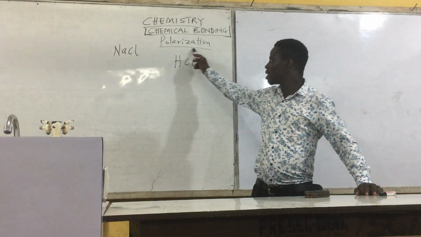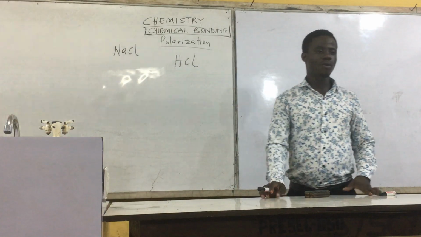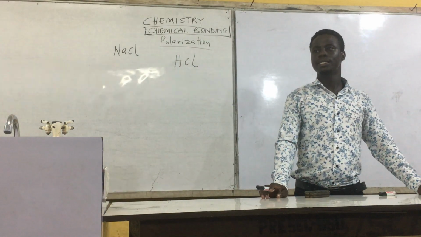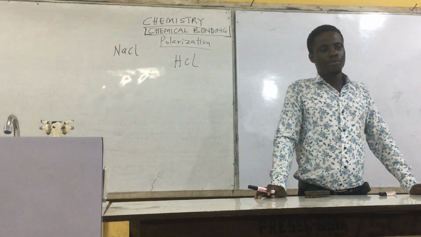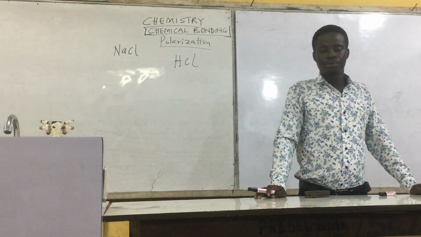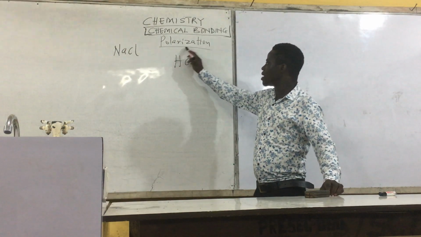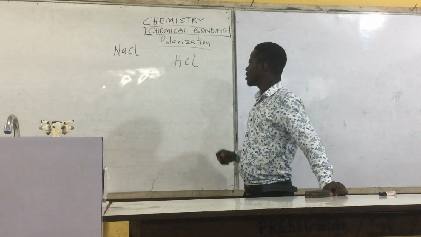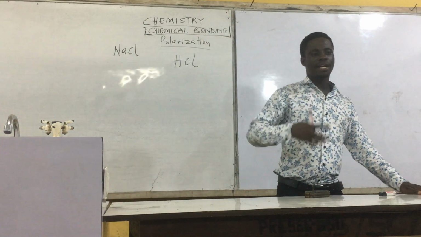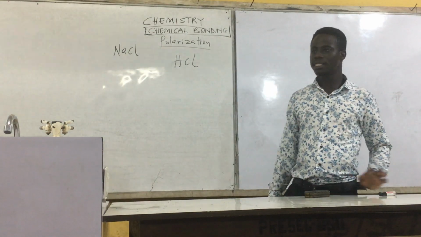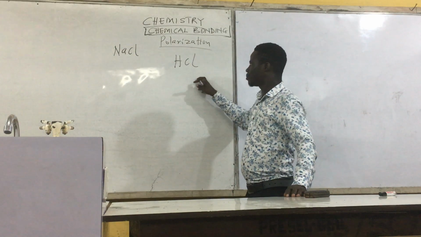And this particular covalent bond is a polar covalent bond. Polar in the sense that there is an unequal sharing of these bond pair electrons. So anytime you have a covalent molecule like this, it is not 100% covalent. There is some ionic character in this covalent molecule.